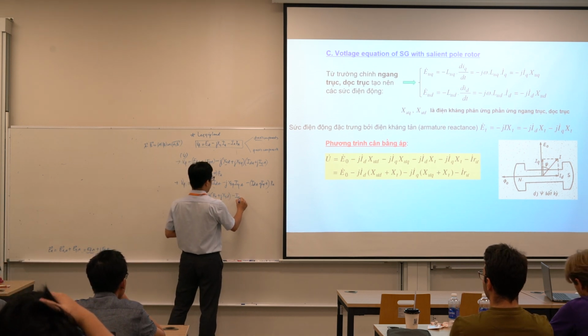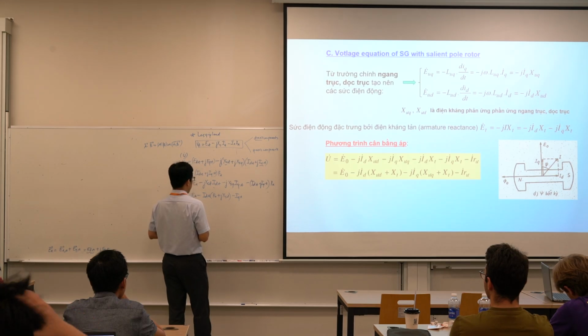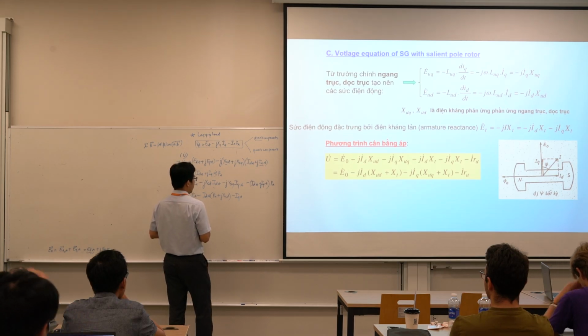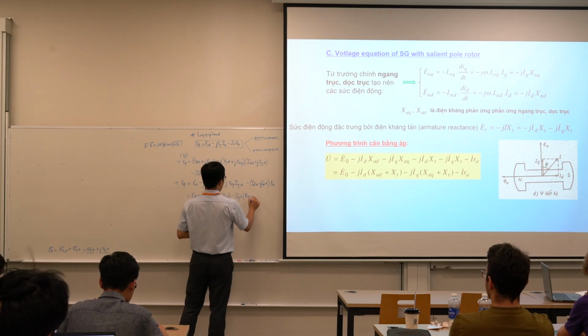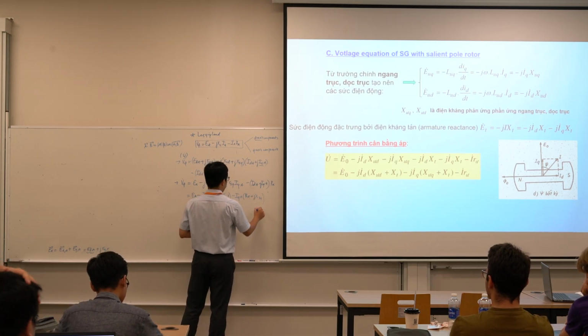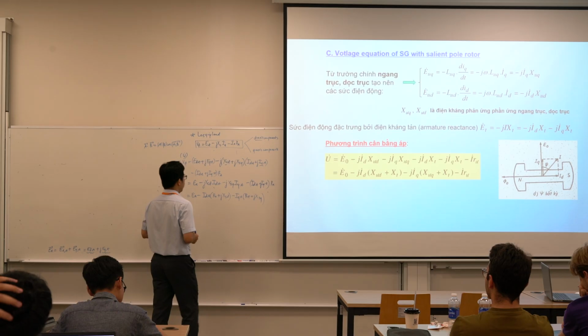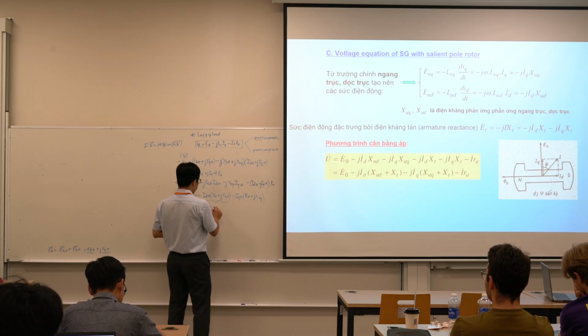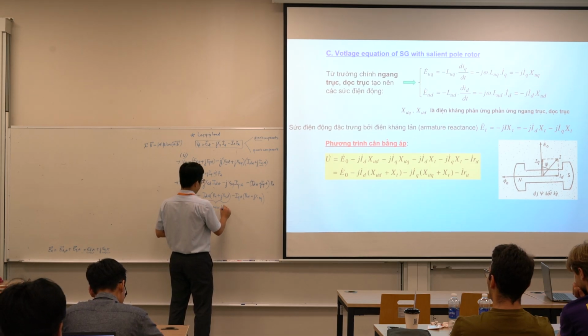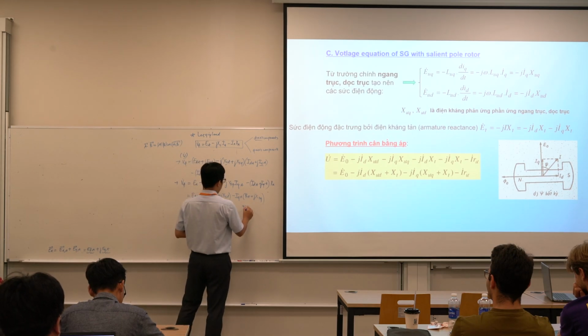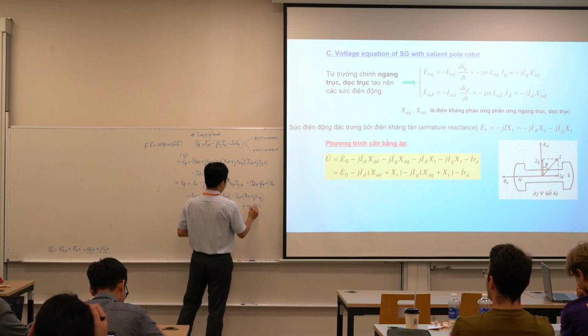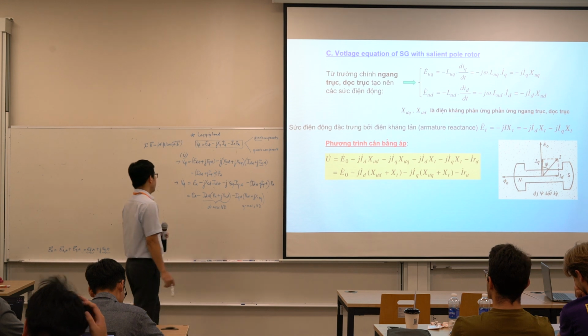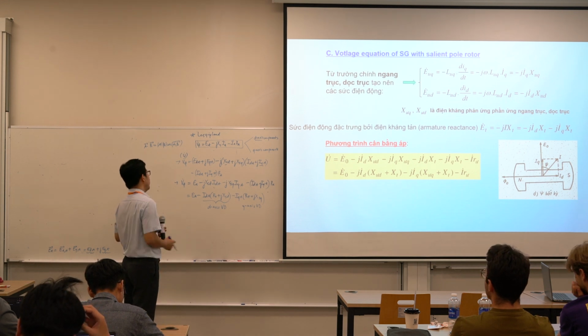Minus IQA, we have RA plus jXSQ. Okay. So now we give these the D axis voltage drop, and this the Q axis voltage drop. Sometimes we analyze the voltage equation into the D axis and Q axis.